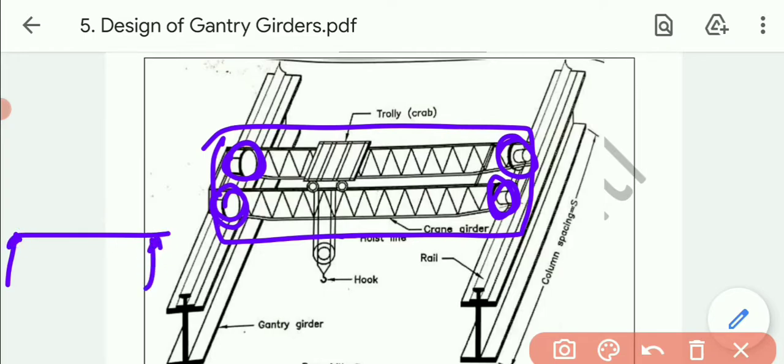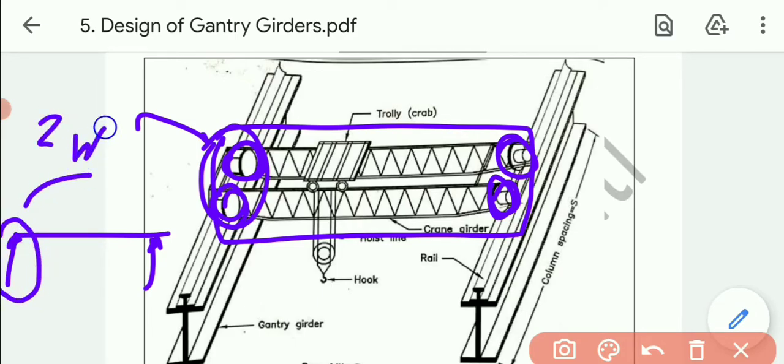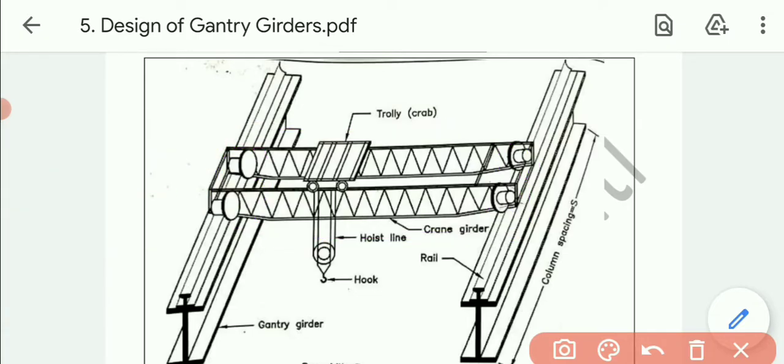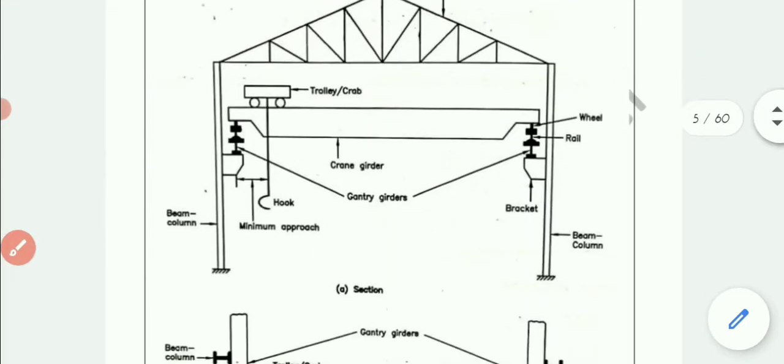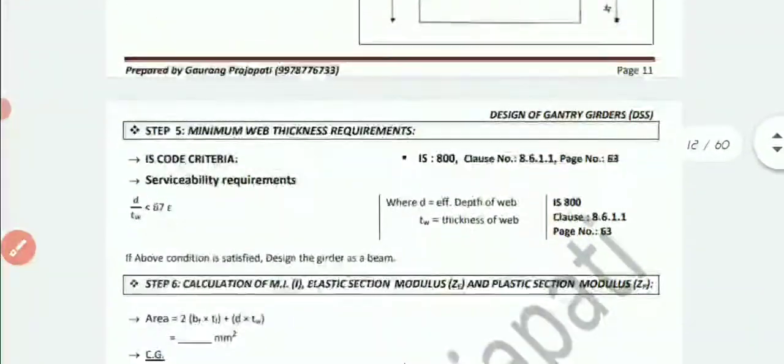This will act as our beam, and we need to calculate these wheel loads, means we need to calculate these reactions. One reaction includes two wheels in it. And the load, or we can say the hook, is placed at the distance of hook approach. So for that we need to calculate the point load as well as the rest. So let's start the design.